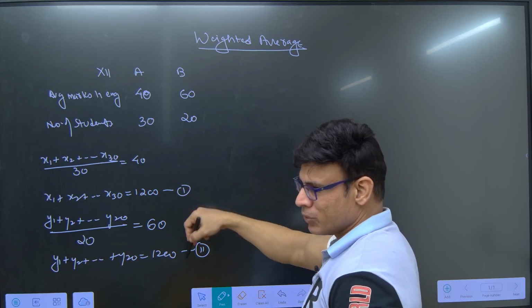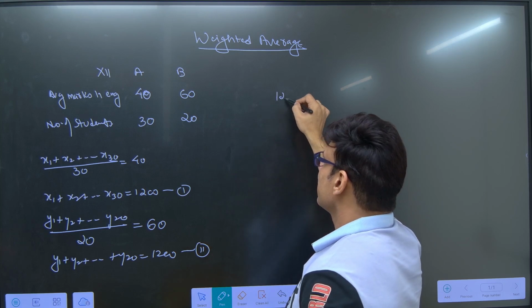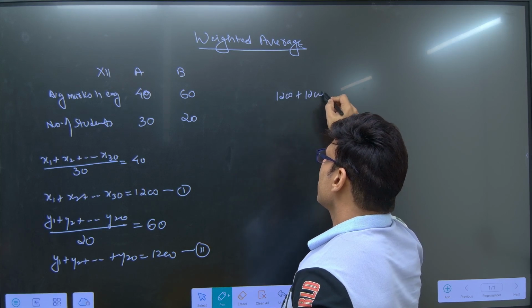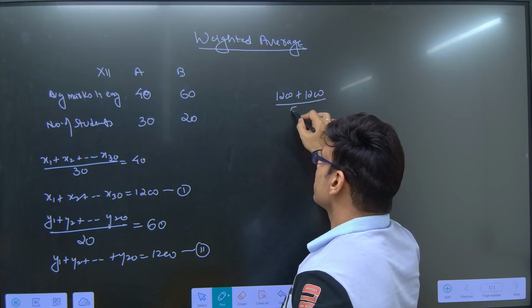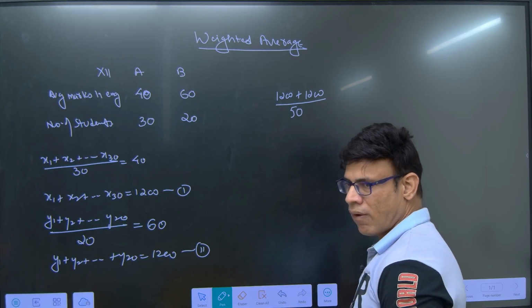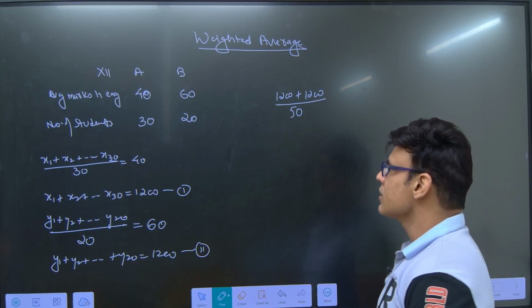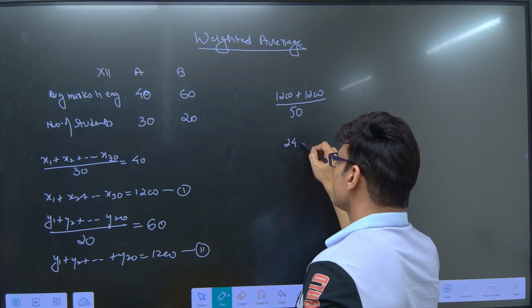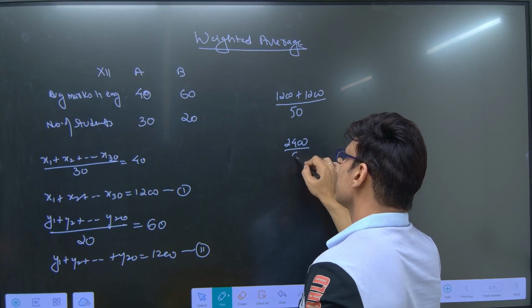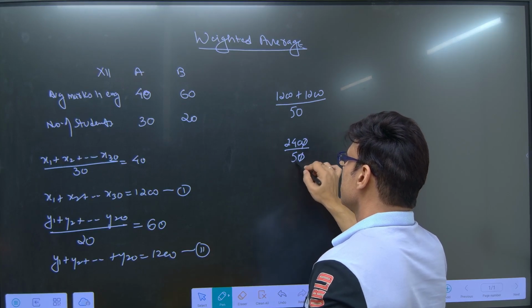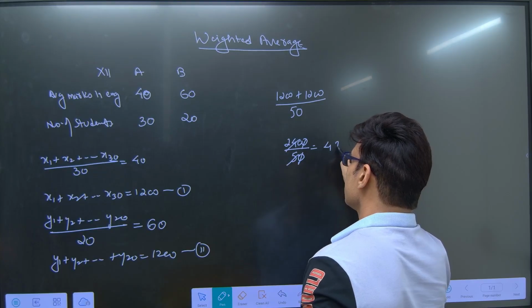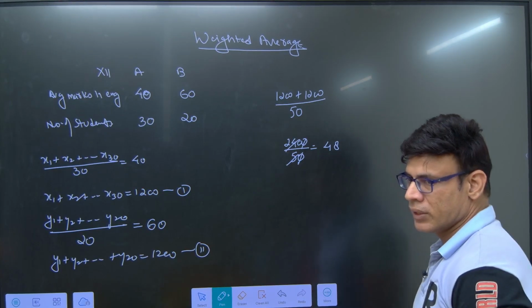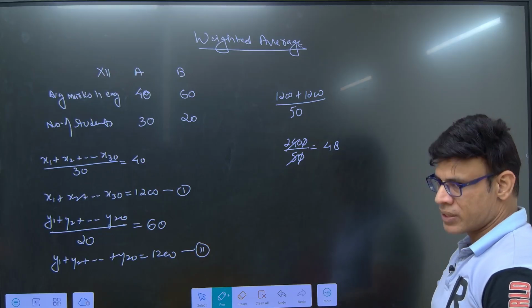You will have to add these two. So you will add 1200 plus another 1200 and divide by number of people, which are 50, which is 2400 by 50, gives you 48, right? This is conventional method.